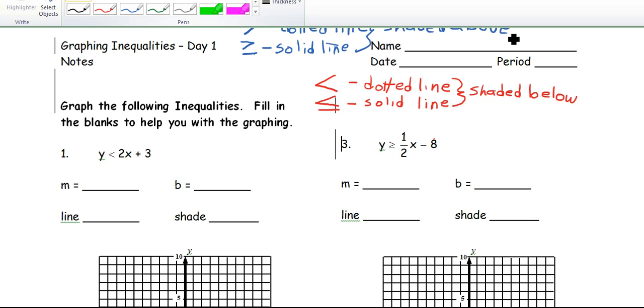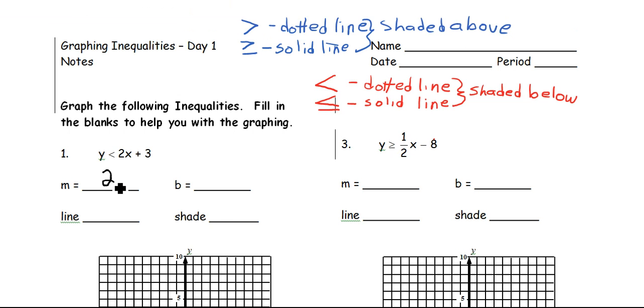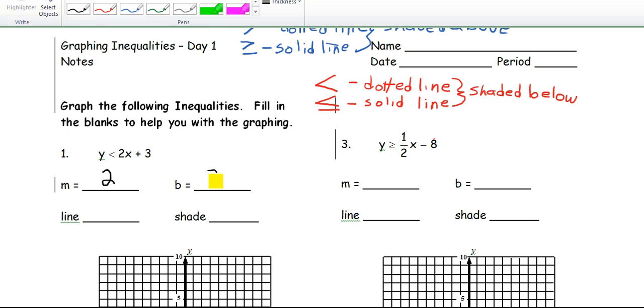So now to get back to some of the things that we have done in the past, finding the slope and the y-intercept. Our slope, remember, that's the coefficient of x. So we can see here it's 2. Our y-intercept, the b, is 3. Now, we're going to look at the type of inequality.